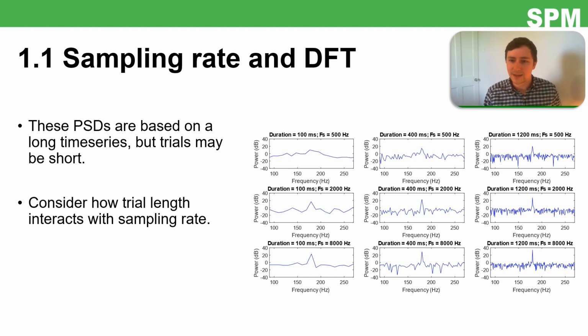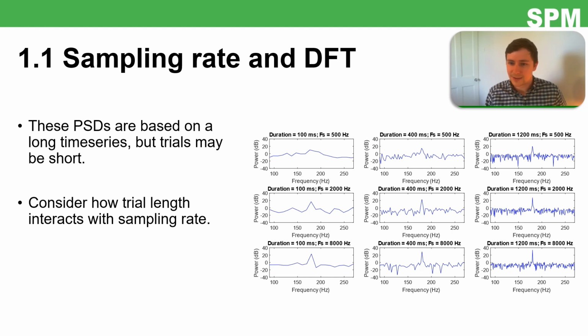And what you can see is that where I've put in a 180 Hertz sine wave signal, a high frequency signal, when you've got a short duration, even though we've exceeded the Nyquist rate by quite a bit with 500 Hertz, we can't see a peak there at all.